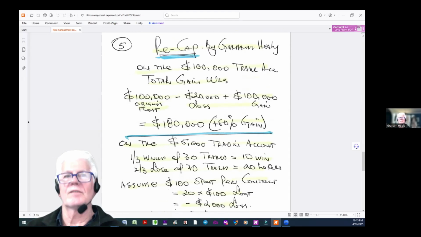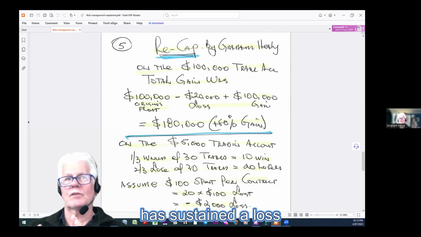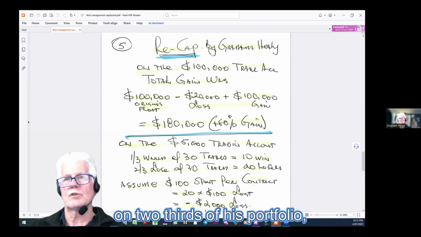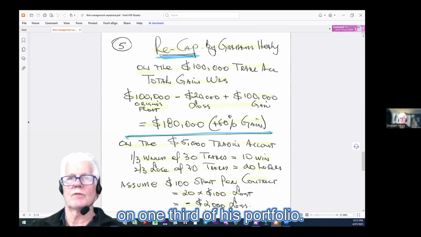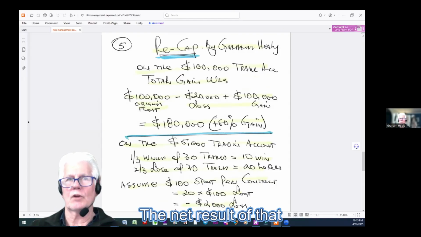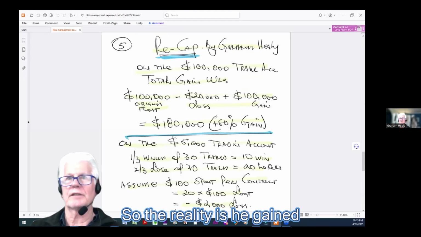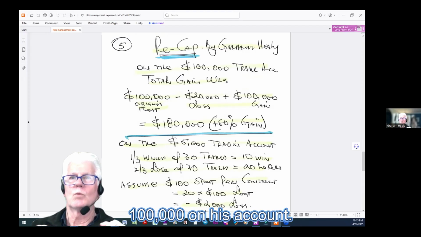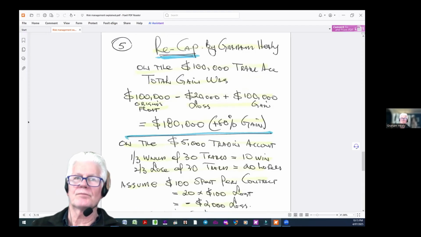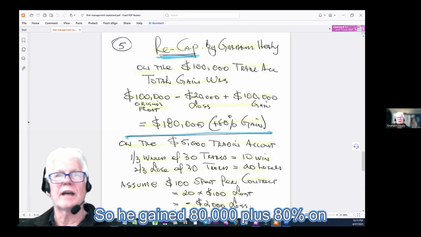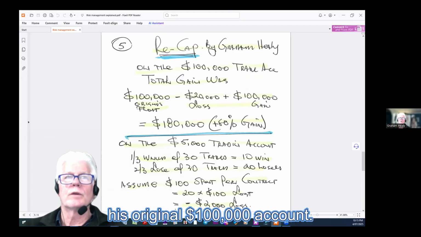So the bigger player has sustained a loss on 2/3 of his portfolio, but he's sustained a win on 1/3 of his portfolio. The net result was he only lost 20,000, but he gained 100,000. So the reality is he gained 80,000, plus 80% on his original $100,000 account.